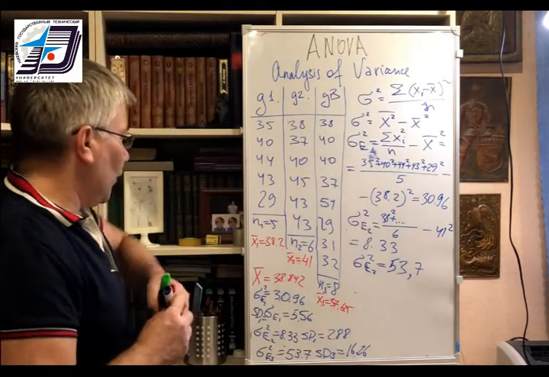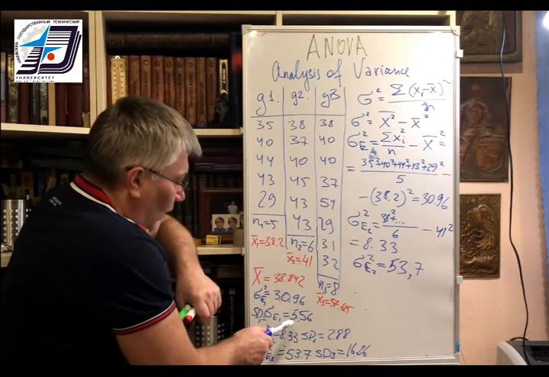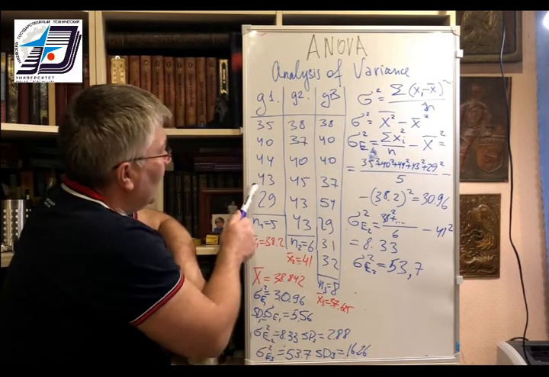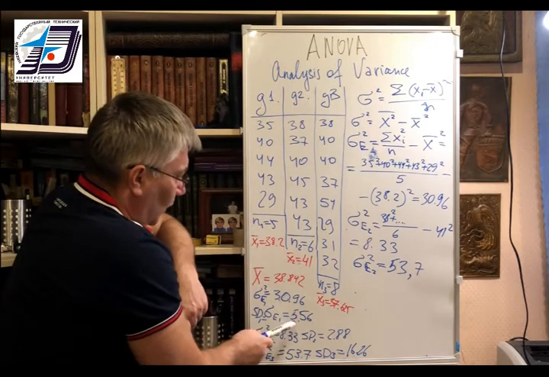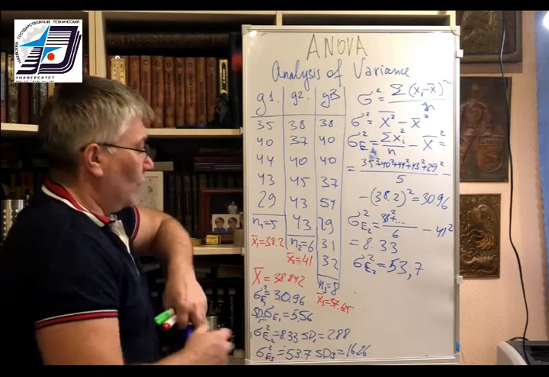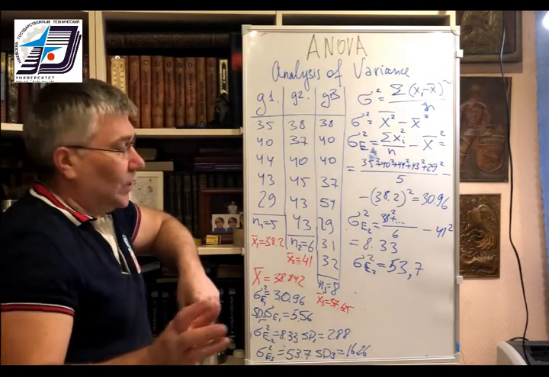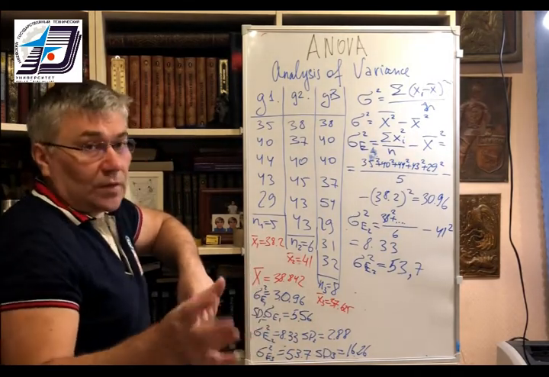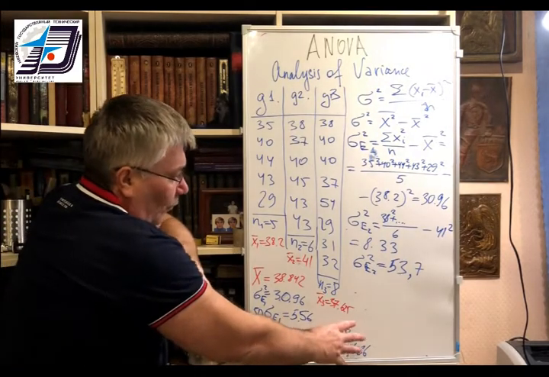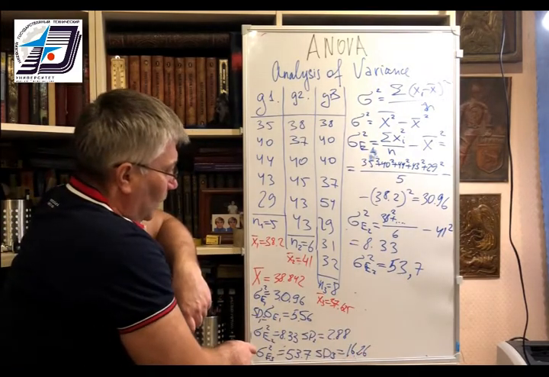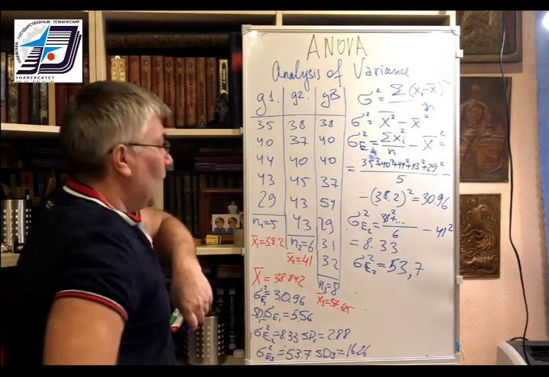What does it mean? Look here, very carefully. It means that the range of variation of the results for the first group is about 5. So most of the people have a result within some mean value plus or minus 5 points. Here just about 3 points, and the last one has 16 here.